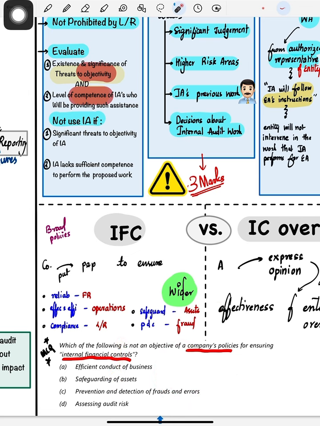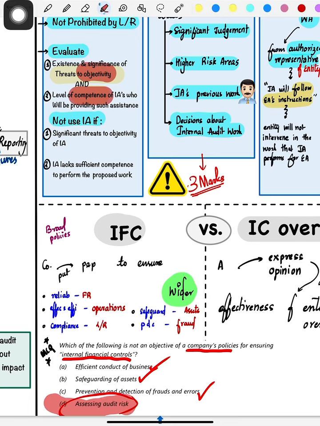Efficient conduct of business: yes, this is a policy that is implemented. Safeguarding of assets, prevention, detection, correction of frauds and errors, assessing audit risk: no, internal financial control has nothing to do with assessing the audit risk. So this is the wrong one.